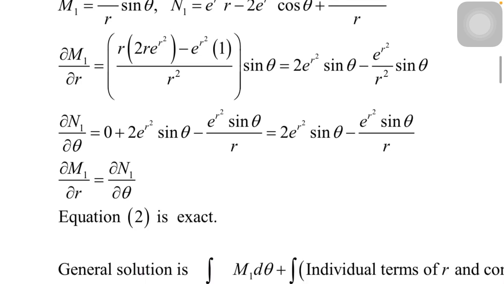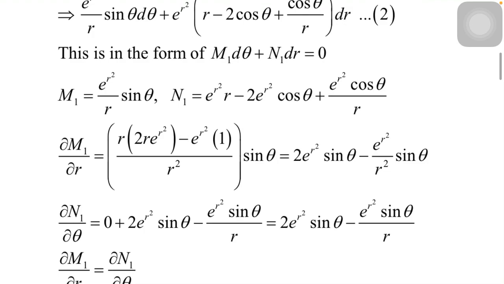And again find out dou N1 by dou theta. With respect to theta means r is constant. So e power r square, r is constant. Dou N1 by dou theta means it is partially differentiated with respect to theta.